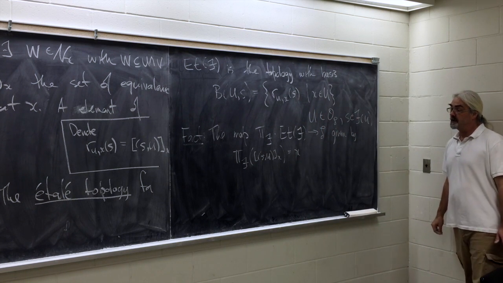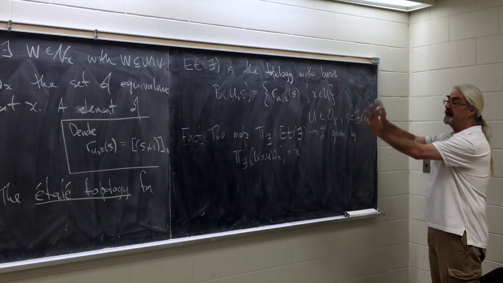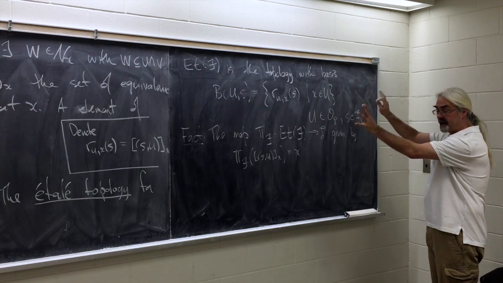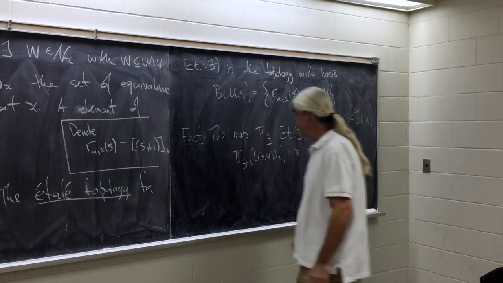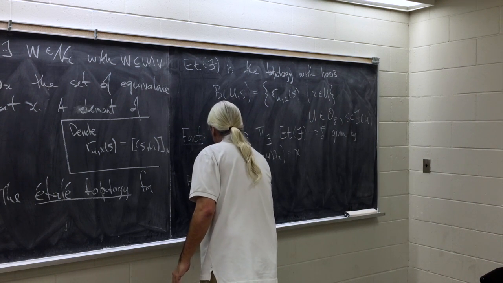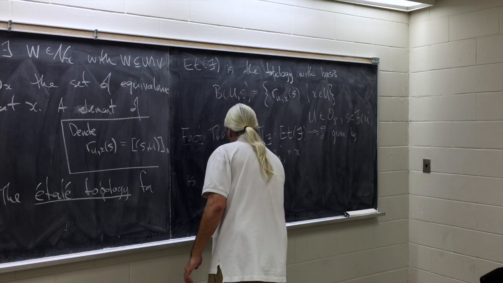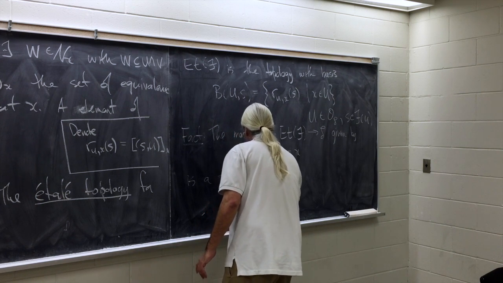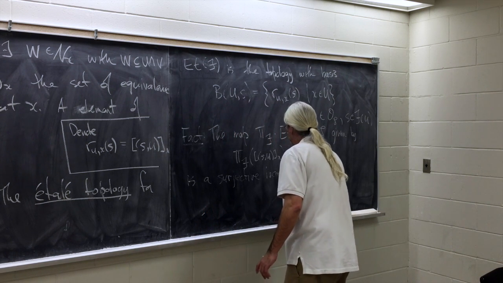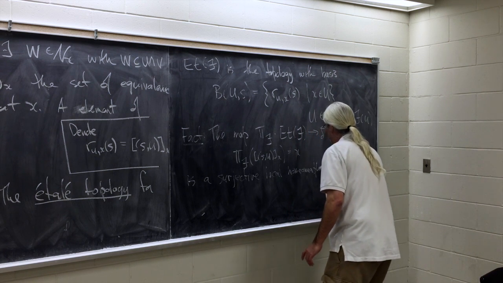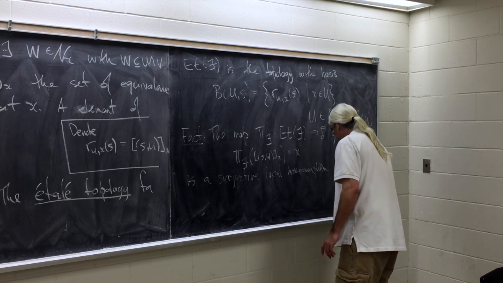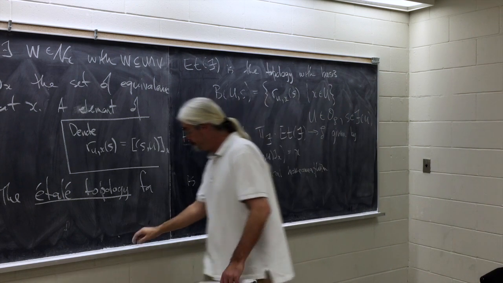So this map, if you equip the étale space with the étale topology, is a local homeomorphism. It's a surjective local homeomorphism.